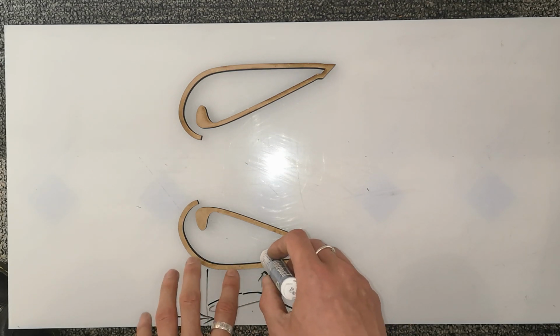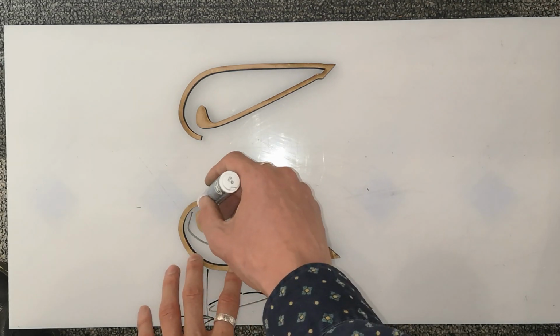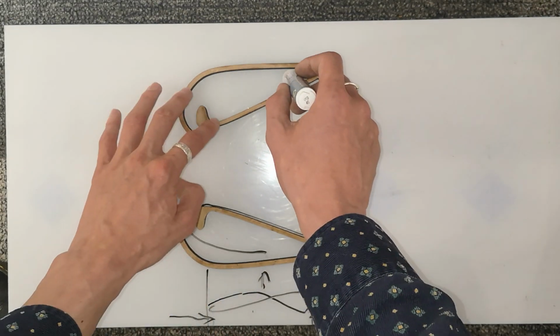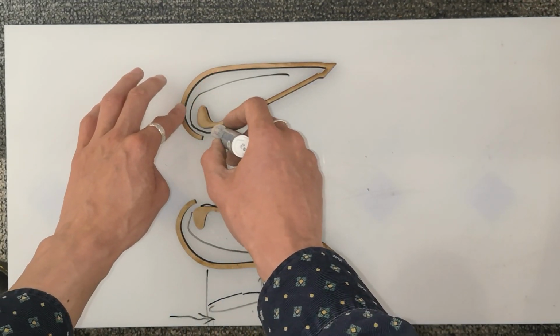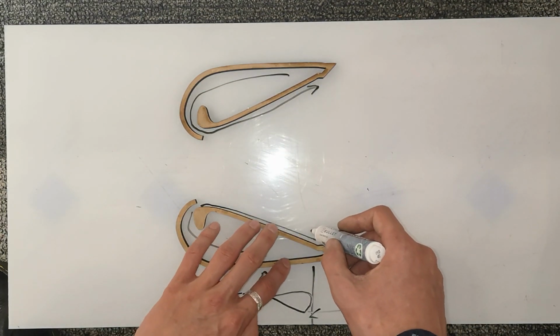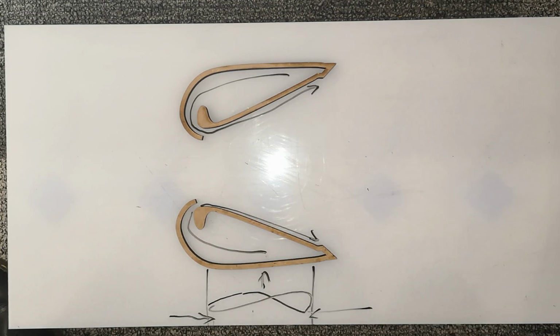Just as before, it comes out of this gap here, runs down there, and the same thing at the top as well, coming out here and down there. And the Coanda effect is causing it to stick to the surface.